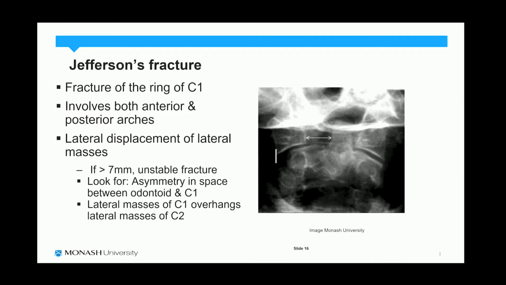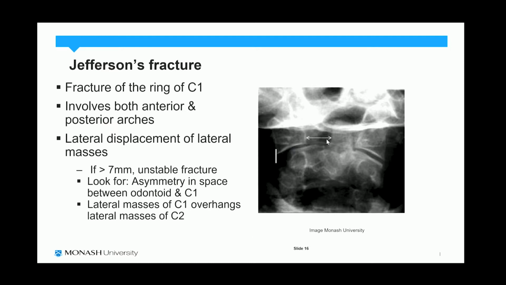Now, looking at specific injuries at the levels of the cervical spine, we start off with C1. The most common one of C1 is a Jefferson fracture, and it's a fracture of the ring of C1, which involves both the anterior and the posterior arcs. What you need to look out for is lateral displacement of the lateral masses.